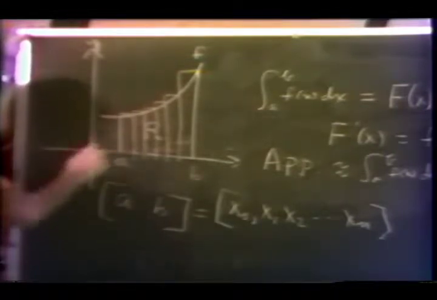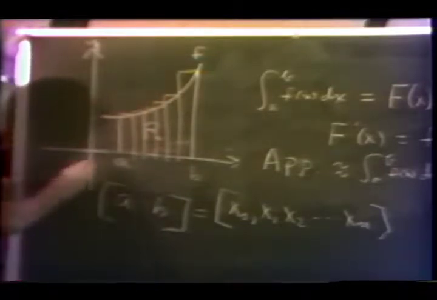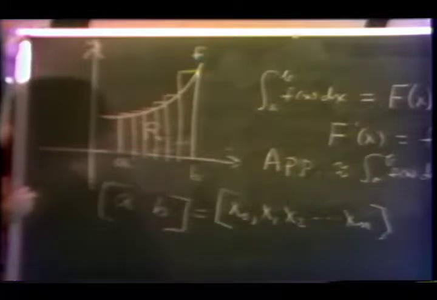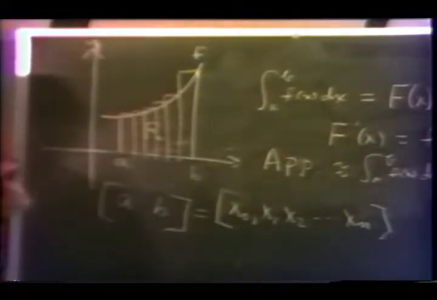In other words, it's much too large if you use circumscribed rectangles, and by the same reason, if we use inscribed rectangles, it would be too small. So we'd like to refine that if we're actually going to have to approximate this thing.